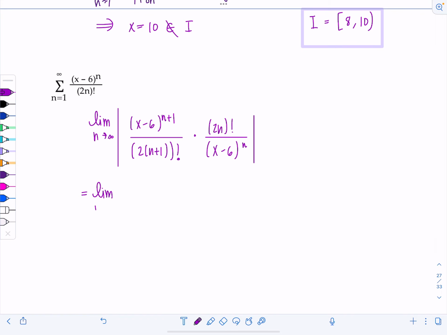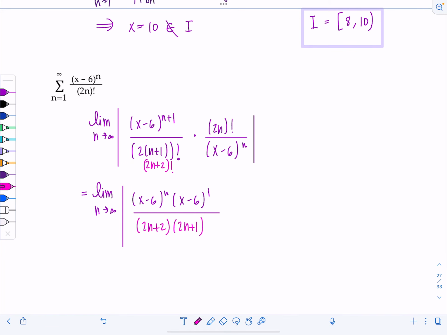So this is the limit, n goes to infinity, absolute value. This is x minus 6 to the n, x minus 6 to the first, over. Now this is 2n plus 2 factorial, right? So if I break that down to cancel, that's 2n plus 2, 2n plus 1, and then 2n factorial. And then we have over here 2n factorial over x minus 6 to the n. Good.